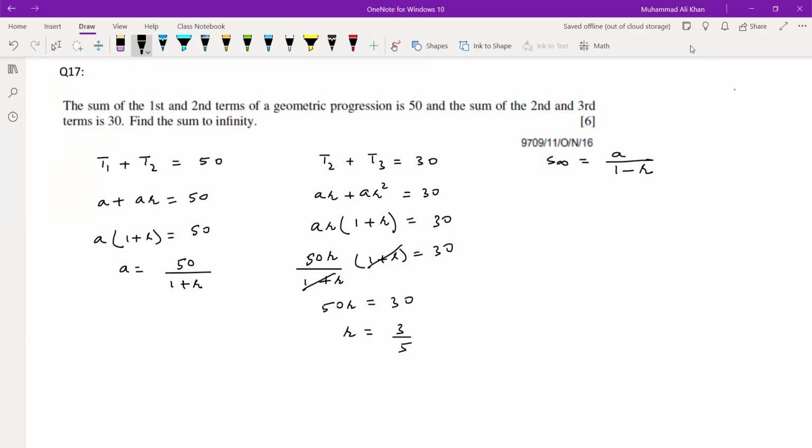If the value of R is 3 over 5, then what is the value of A? 50 divided by 1 plus 3 over 5. After cancellations, what is the final answer?